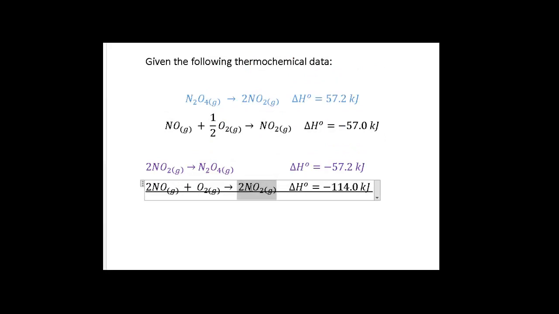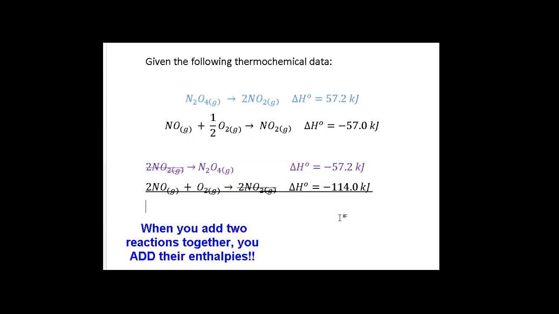Realize that the 2 NO2s cancel. So I'm going to cancel that. This NO2, 2 moles on the product side, cancels with the 2 moles of the NO2 on the reactant side. And once I add these 2 reactions, I add the enthalpy. So adding the reactions together, you add the enthalpy.